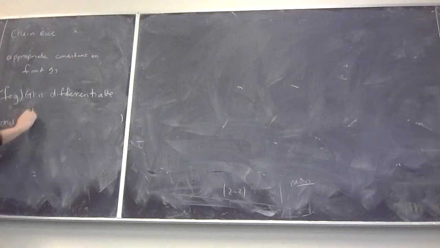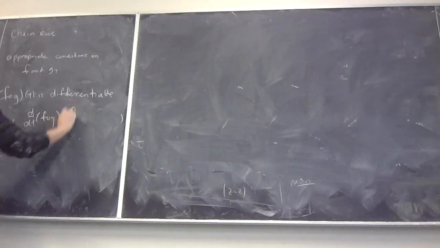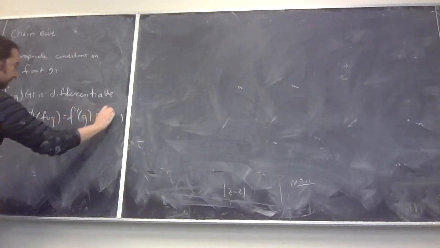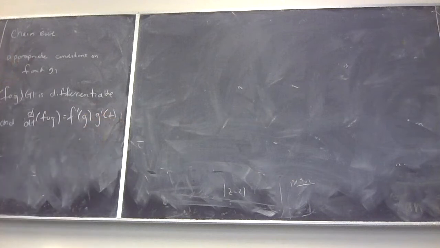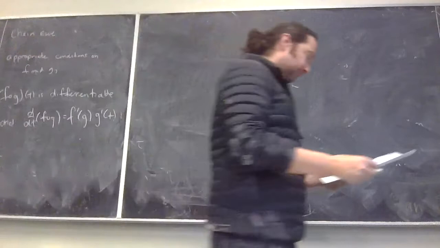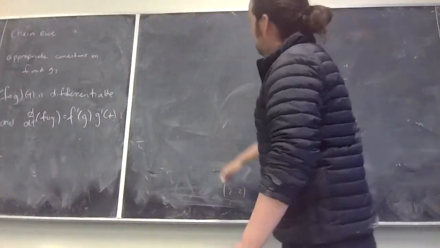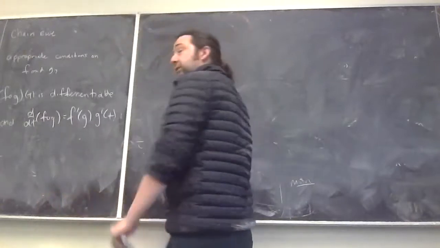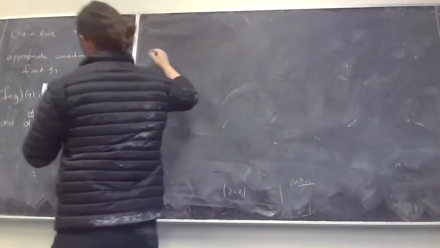And d by dt of F composed with G was equal to F prime of G times G prime of T. And I pointed out last time that we're covering up a whole lot of math when we do that, right? That we're sort of cheating when we use this prime notation, because there's more going on in the background. So why don't we look at an actual complicated case that shows up once we start considering functions of multiple variables.